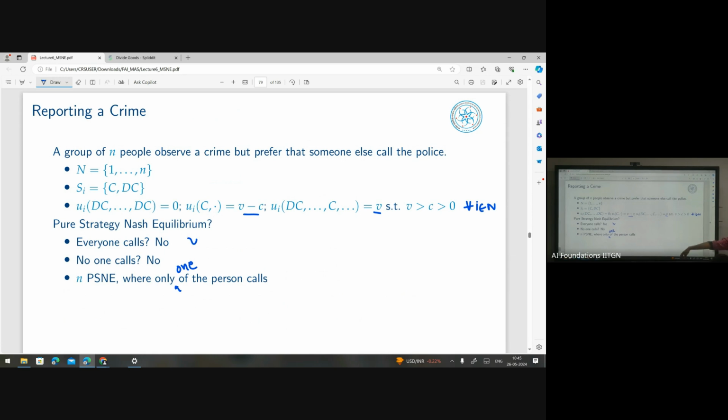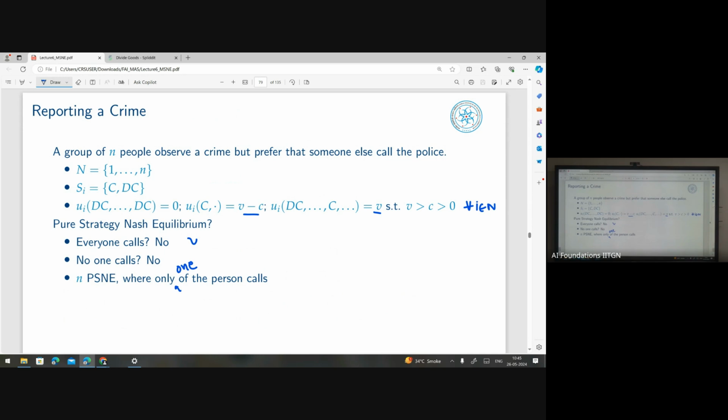Now, except me, what is the utility of all the other agents? It's B. If they decide to call, given that I am calling, their utility becomes B minus C, so it will reduce. So even if I change my strategy from calling to not calling, my utility will reduce. Even if the other agents change their strategy from not calling to calling, their utility will reduce. So this is a pure strategy Nash equilibrium. None of the agents has an incentive to deviate. So there are n such pure strategy Nash equilibria.